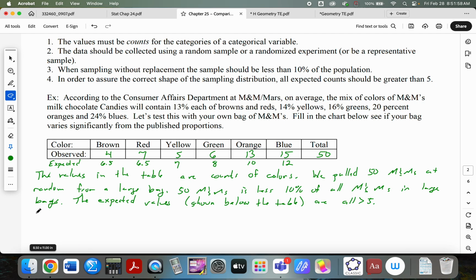So we're going to perform a chi-square goodness of fit test.